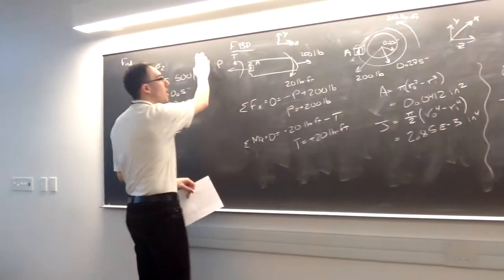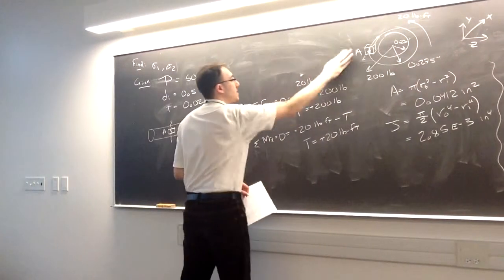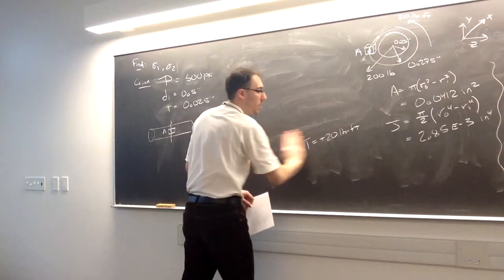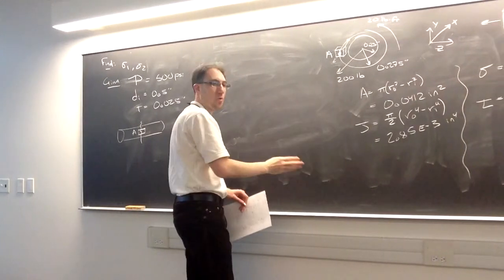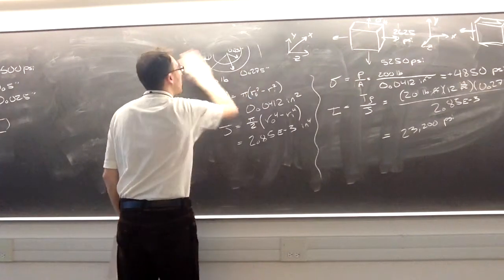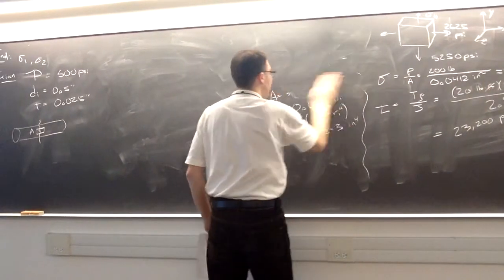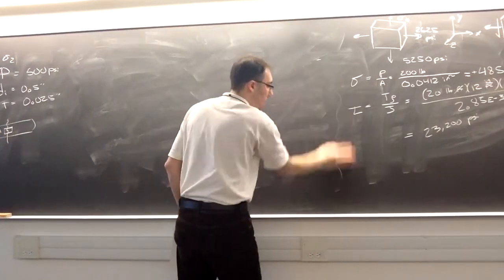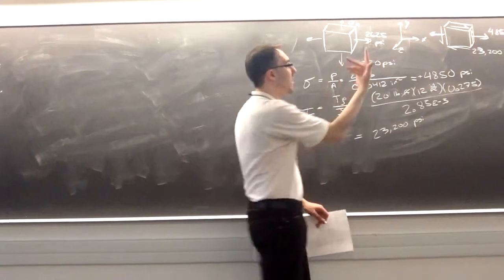I now want to draw my initial stress state due to these three stresses: the stress from torsion, the stress from the axial load, and the internal pressure. And it does turn out, if we are in plane stress here, I can represent it in 2 dimensions if I flatten it down.